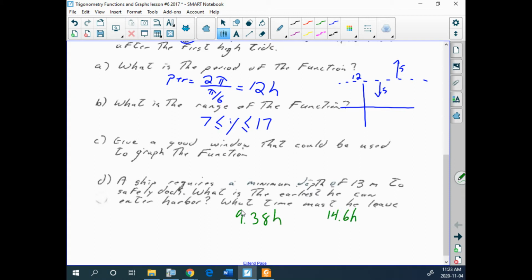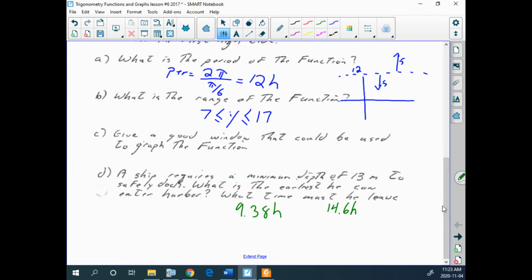So now, we don't tell time with decimals, we tell time with minutes. So 9 plus 9 hours, and times 0.38 by 60 gives you the actual minutes that he can come in.